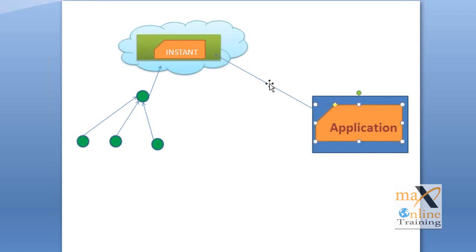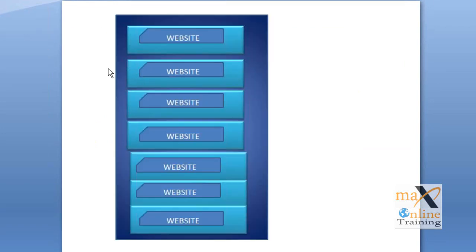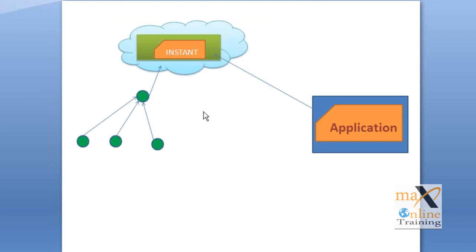The instance of this application will be accessed by multiple users. But in the previous system, the application is shared by multiple users. Here, an instance of the application is accessed by multiple users. That is the major advantage that we need to observe here.